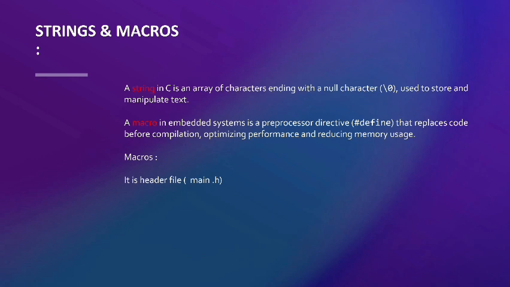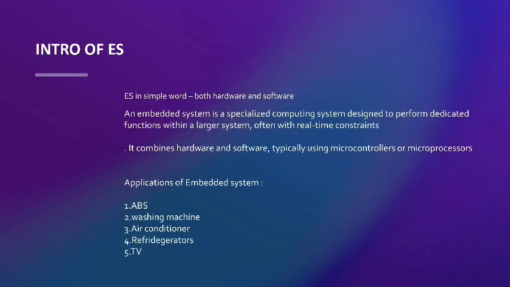And you can see in the intro, an embedded system can be solved by a simple combination of hardware and software. An embedded system is a specialized computing system designed to perform dedicated functions within a larger system, often with real-time constraints. It combines hardware and software, typically using microcontrollers or microprocessors.